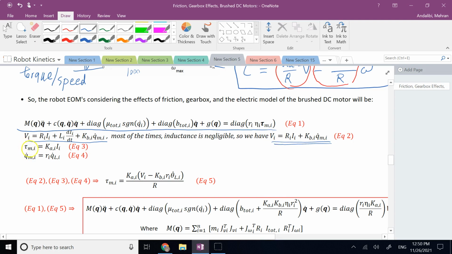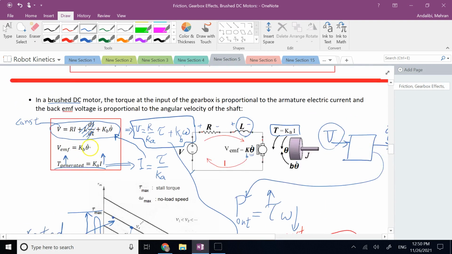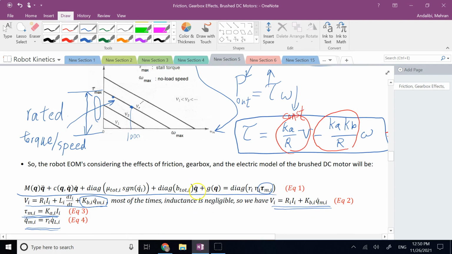Then, of course, the torque at the motor is the torque constant times the electric current in that circuit, so this is equation number 3, because that gives me the tau that I need here. And definitely the q dot M that you need here is R times q dot L. Because remember, this back EMF is a constant K_B times theta dot, but which theta dot? Definitely theta dot of the shaft of the motor. But if you remember our equations here, when I say q dot, this q dot is q dot of the link, not the motor.